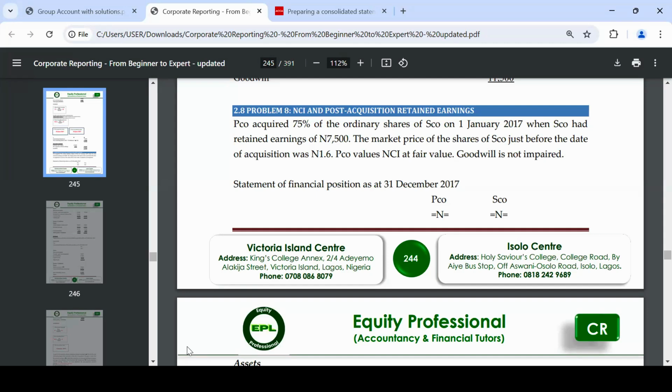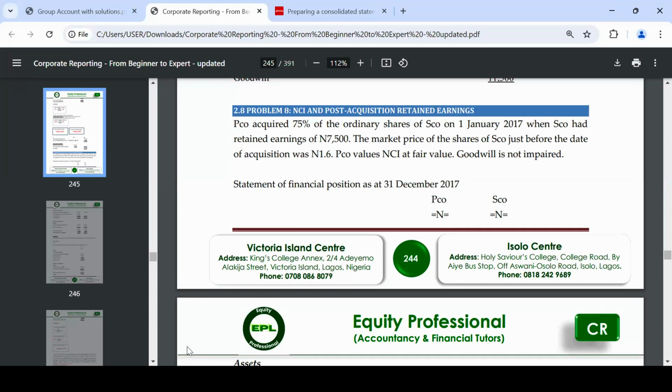That is the principle of cancellation. As a matter of fact, I said there are 2 principles. You are summing up and then you are canceling any transaction that takes place between the parent and the subsidiary.